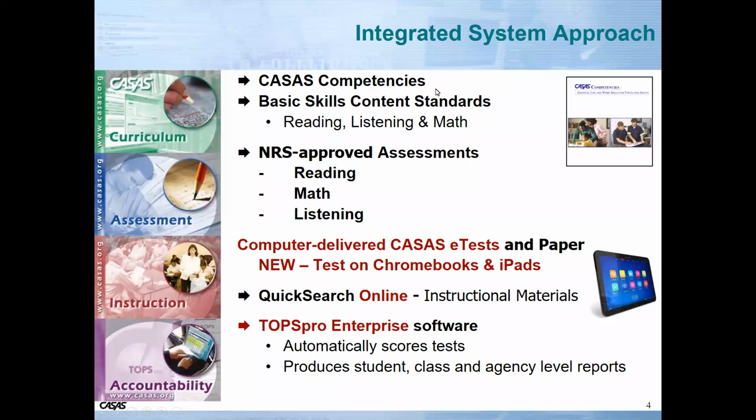These are functional life skills competencies that relate to various language skills. Then we have basic skills content standards, and the ones that relate to our NRS-approved assessments are in reading, listening, and math. So these are the 3 areas that we have approved assessments in. They're standardized tests that are multiple choice.